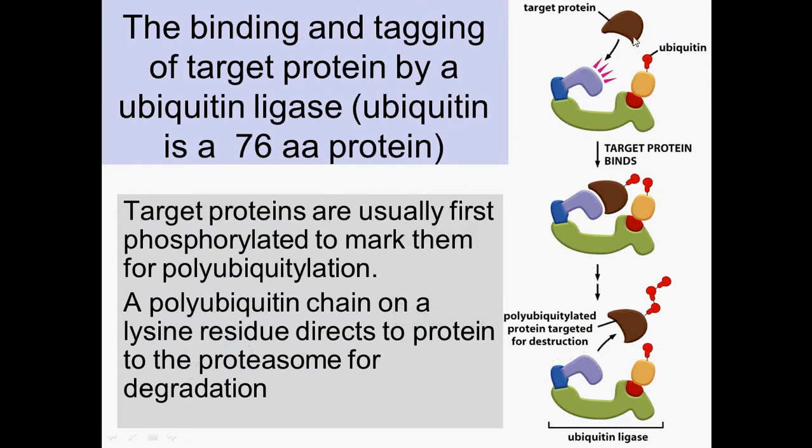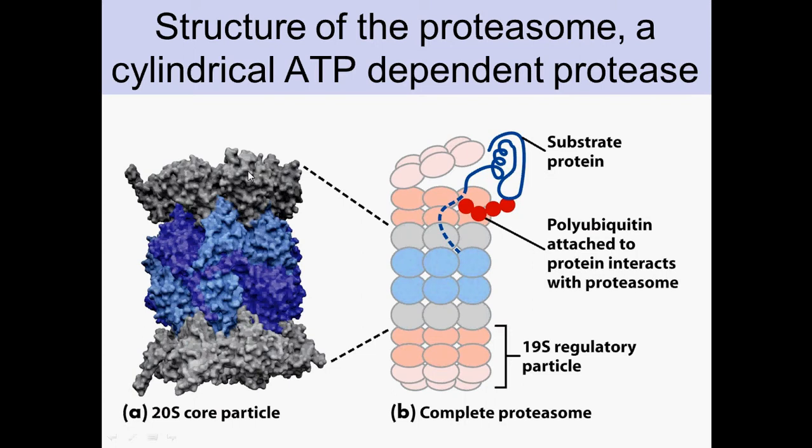Here's the protein. The ubiquitin molecules are being added, and then they're sent to this cylindrical ATP-dependent protease structure, and the protein goes in there and is broken down all the way down to its amino acids.